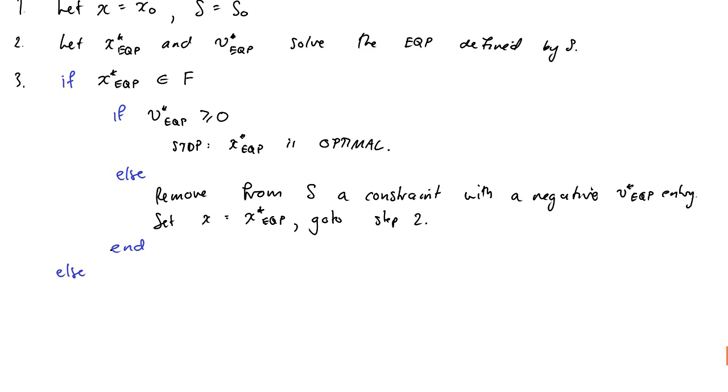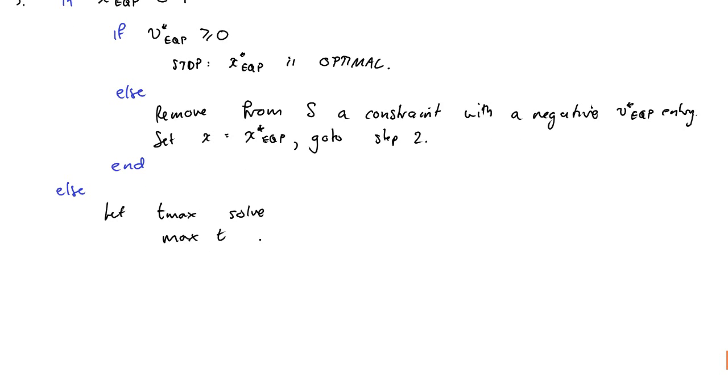So if we're not feasible, then let t max solve: maximize t subject to x plus t times (x star EQP minus x) is feasible.